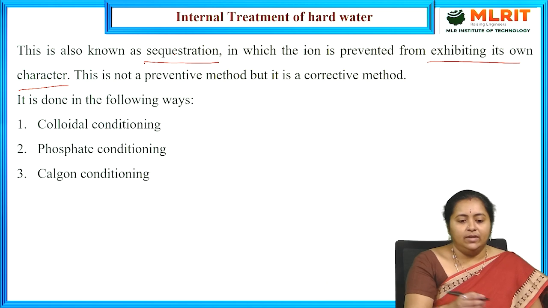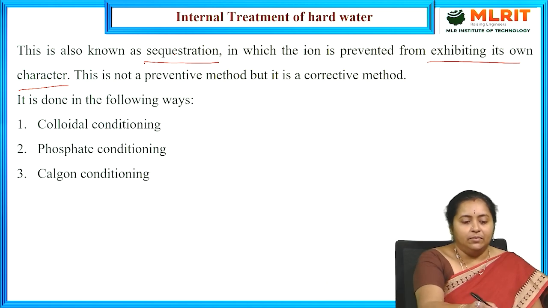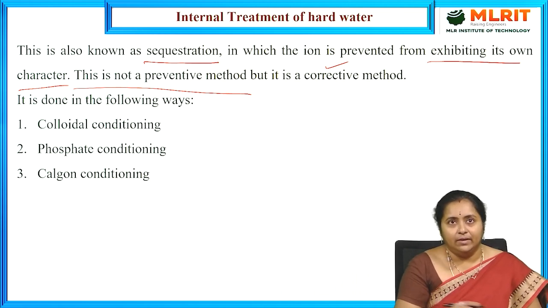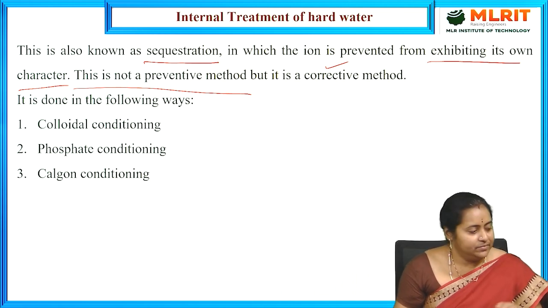That's why it is called the sequestration method. Moreover, it is not a preventive method but a corrective method, because hardness can be reduced up to permissible limit values, but it cannot be totally removed from the water sample.